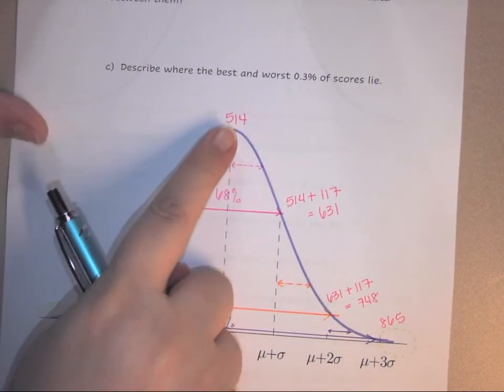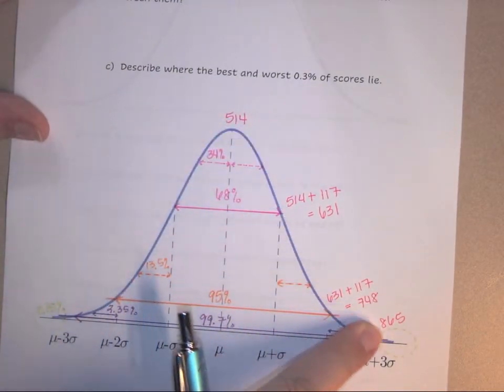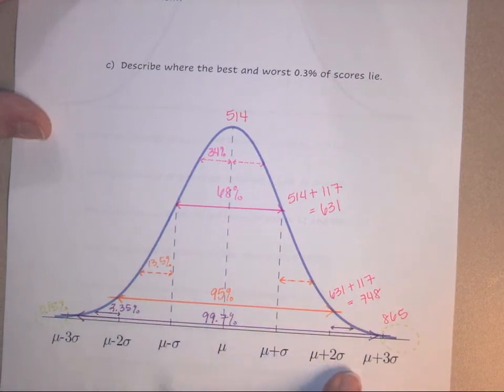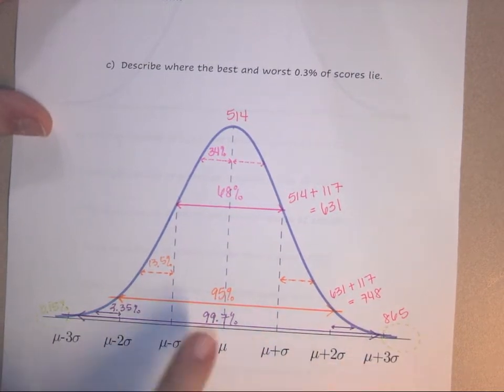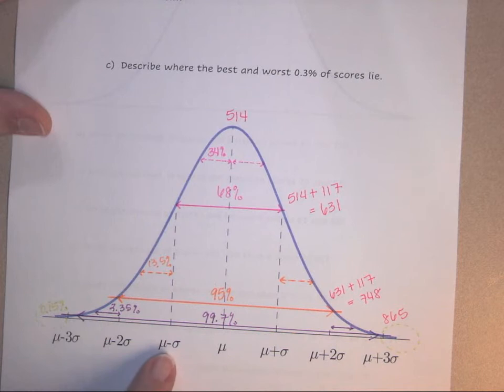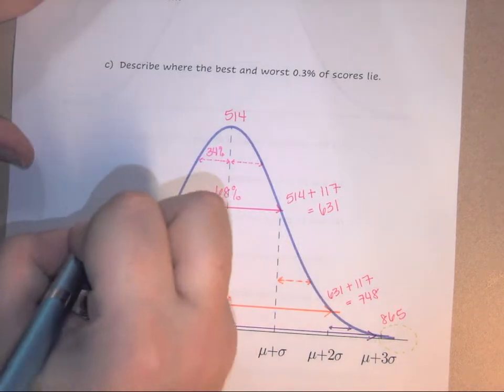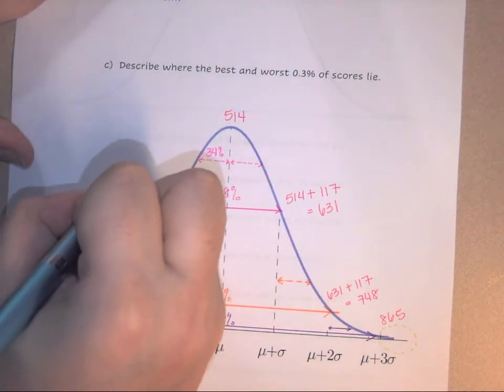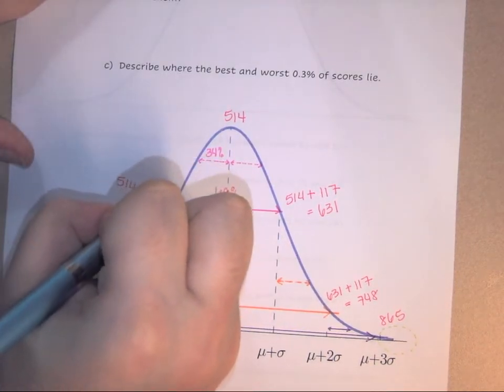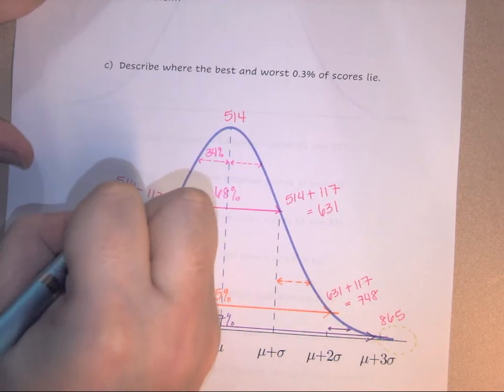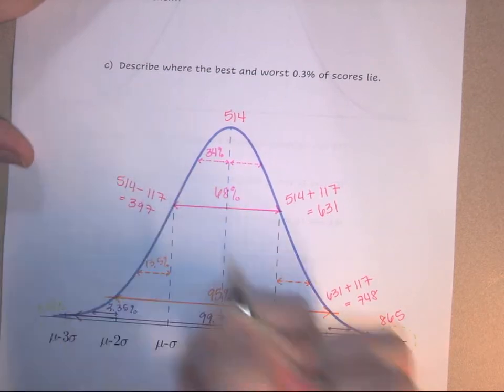Now notice, on this right hand side we're adding. My standards are going up in a positive direction. We have to do the left hand side. Notice they're all being subtracted. So if I start at my mean and go out 1, this is going to be 514 minus my standard, which gives me 397.